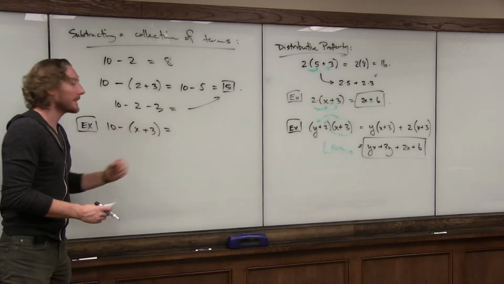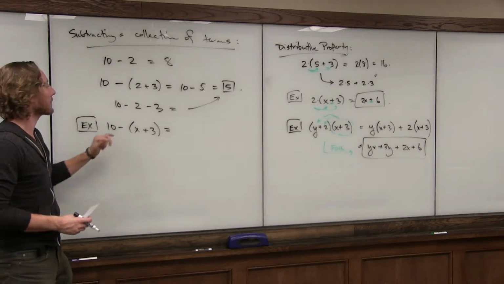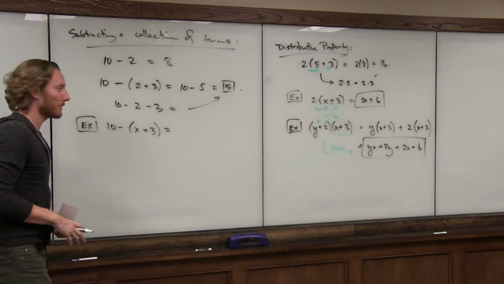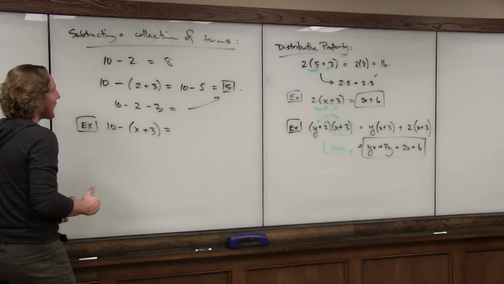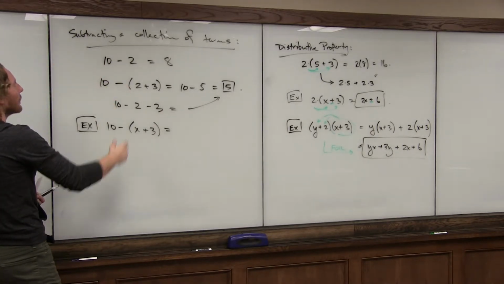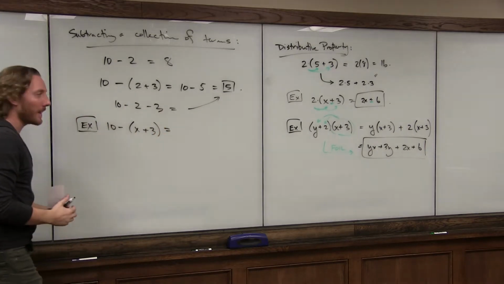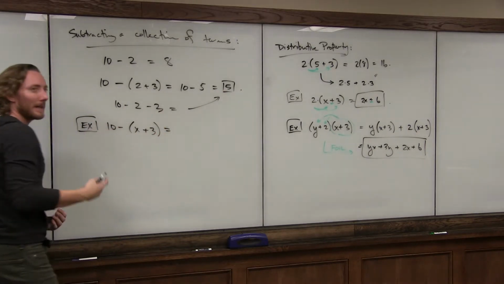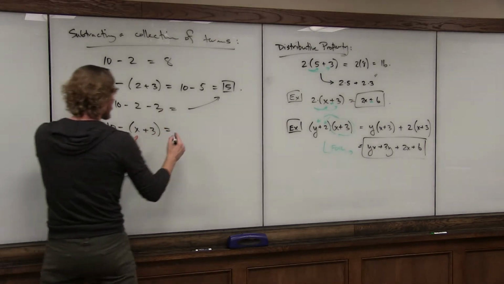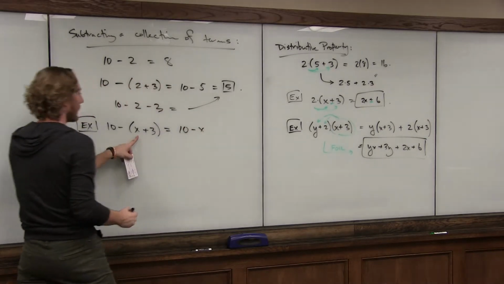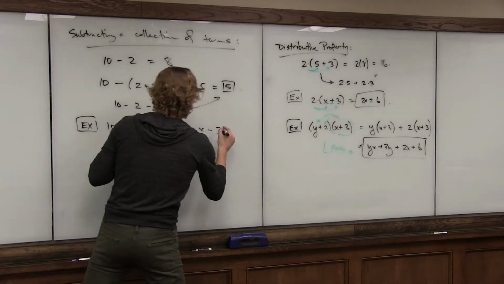But now if this is being subtracted from 10, how are we going to express that? Well, using this property that we just sort of observed, whenever we're subtracting a collection of things, make sure we subtract everything in that collection. Well, we've got to subtract the x, and we've got to subtract the 3.